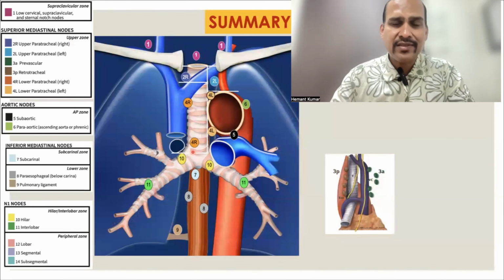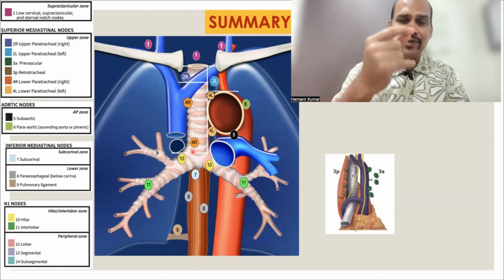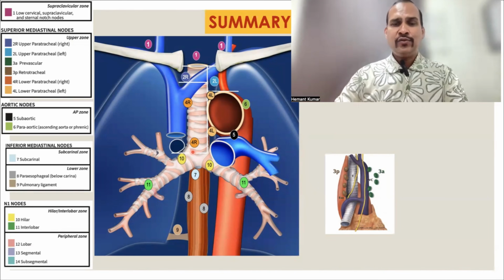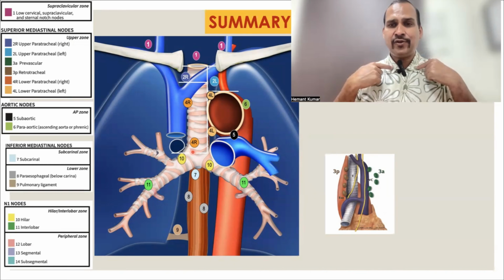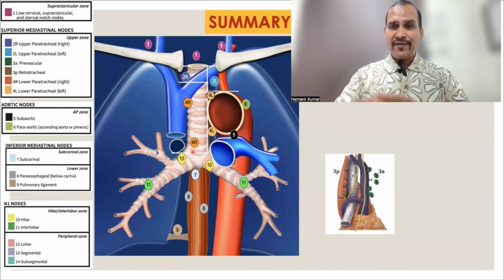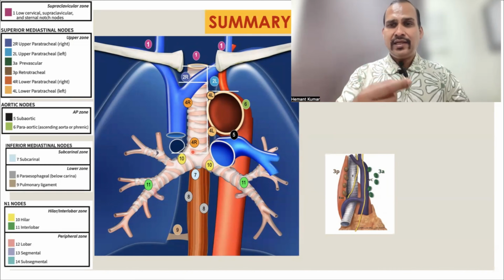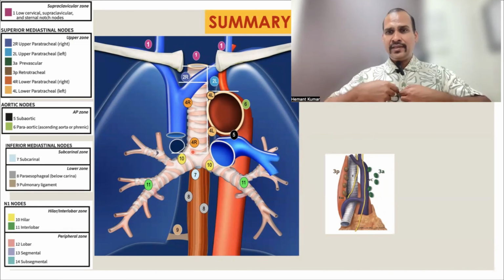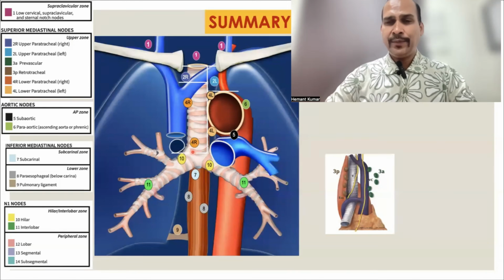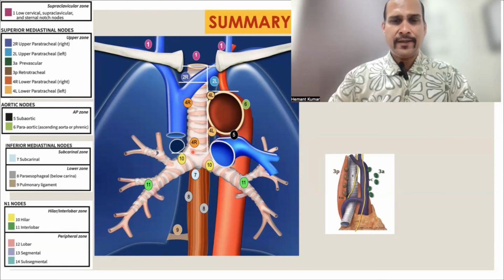So to summarize, you have to remember these names from station 1 to station 14. Station 1 starts from the neck, goes 1, 2, 3, 4 along the trachea, 5, 6 along the aorta, and then 7, 8, 9 from the lower border of the trachea up to the diaphragm.